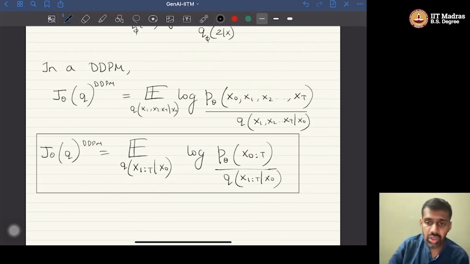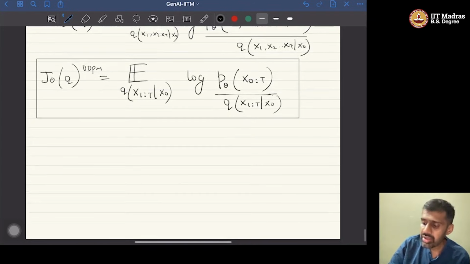I'll run through all this algebra quickly so that you appreciate what is happening, and finally we end up with a nice looking, very elegant equation to solve this DDPM, and I'll talk about how to implement that once we go through the algebra. So the next goal is to use this evidence lower bound and the definitions of the models that we have seen so far and find the parameters of the model theta. That is what we are going to do next.